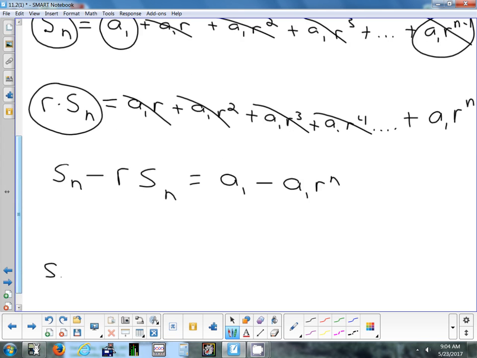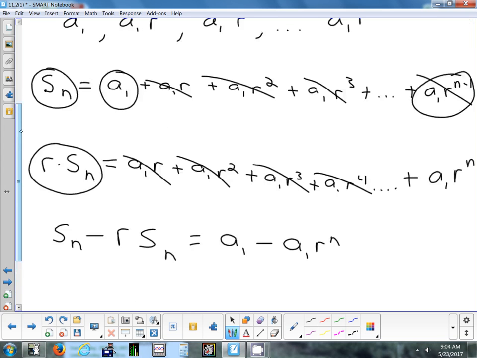And my goal when I'm done is to have something like this. I want a formula for the nth partial sum. So I want to get S sub n by itself. Since S sub n appears in both spots on the left, what could I do with it?